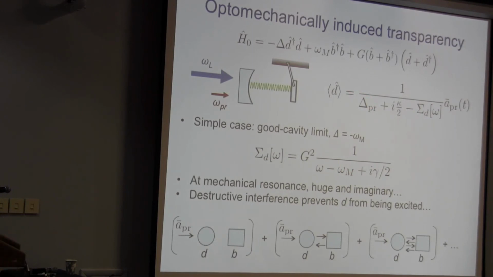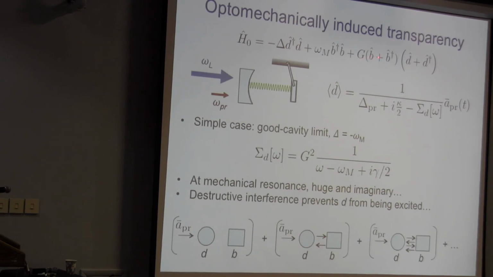And what's a way of understanding that? Well, look, in this very simplified schematic, the circle here is supposed to represent my cavity mode. The square is supposed to represent my mechanics. And so here's my incident probe laser. I could have a photon just go into the cavity mode. That's one process. But what else could happen if I have this big G? Well, the photon could come in, go into the mechanics, right?